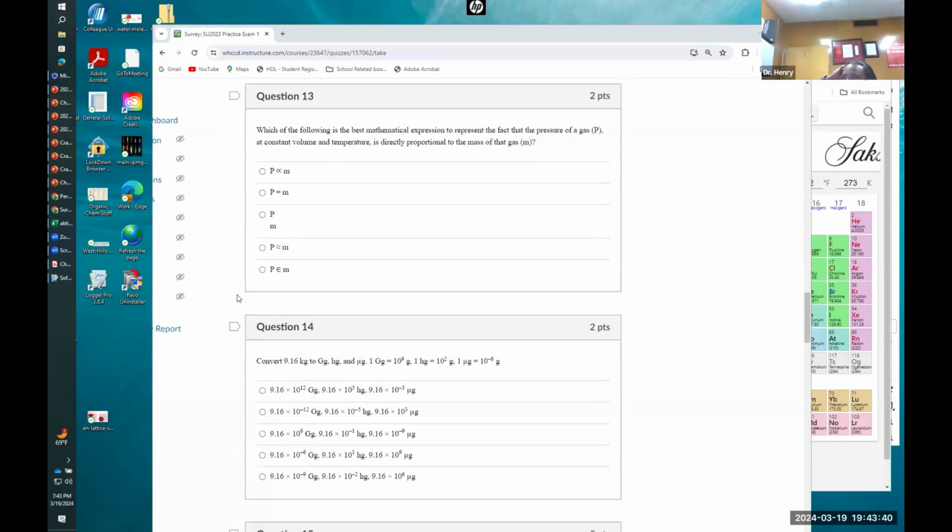Which of the following is the best mathematical expression to represent the fact that pressure at a constant volume and temperature is directly proportional to the mass of that gas? That would be A. Okay.